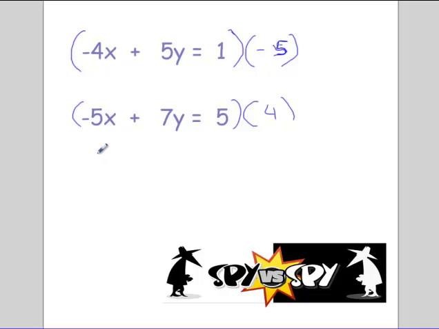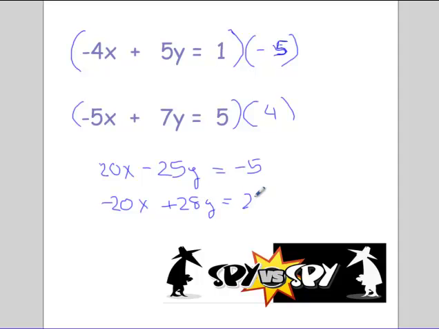So for the top equation, 20x minus 25y equals -5. And for the bottom equation, -20x plus 28y is equal to 20. The x's cancel out. I get 3y equals +15, so y equals 5.